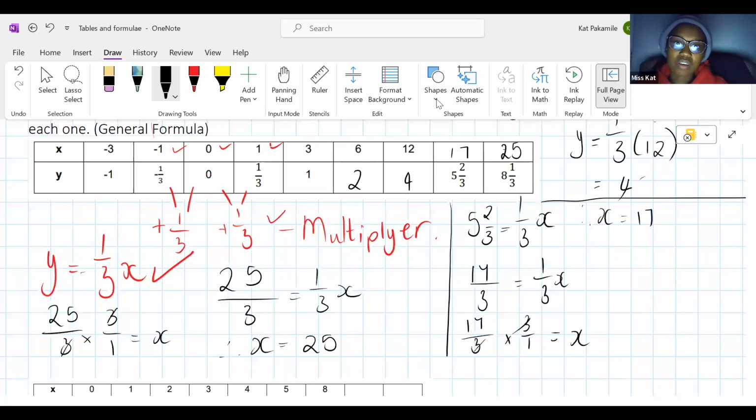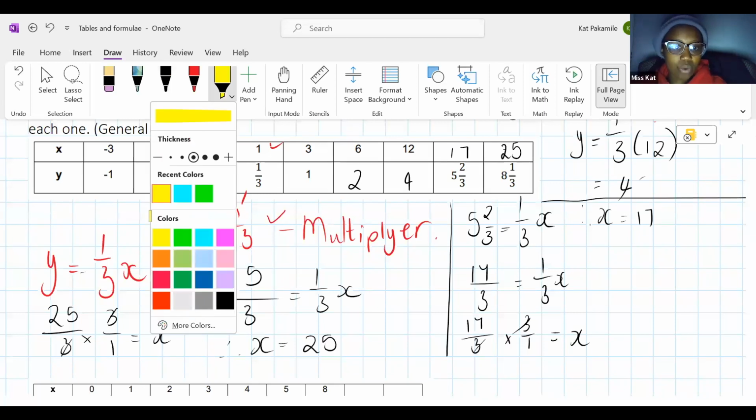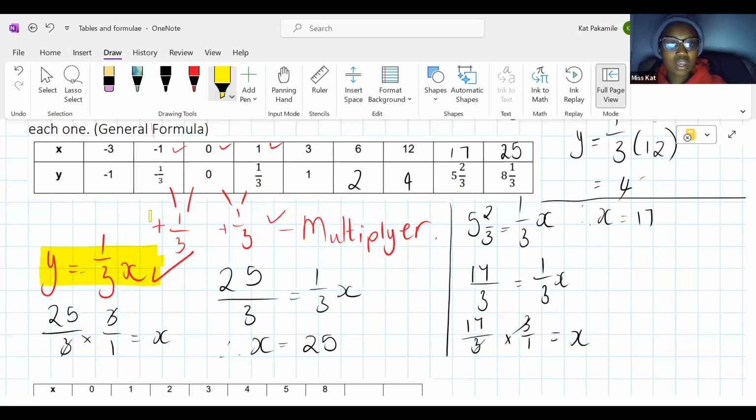So this is 25. Okay, let me explain the last two, 17 and 25. So guys, we got our rule, right? We figured out that our rule for this table is y is equal to 1 over 3x.